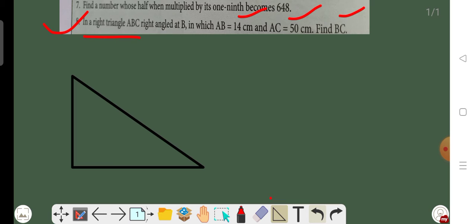Look here beta. This is your right angle triangle.